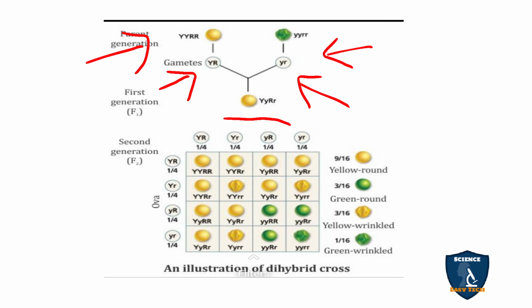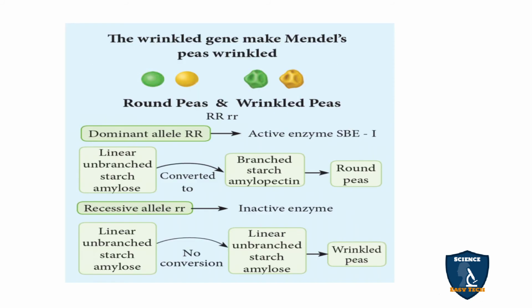In the F1 generation you get all dominant characters, and in F2 they assort independently. When capital Y is absent, the green color is exposed. When capital R is absent, you get wrinkled seed. When the dominant characters are totally absent, you get green wrinkled seed. So the characters are independently assorted here.